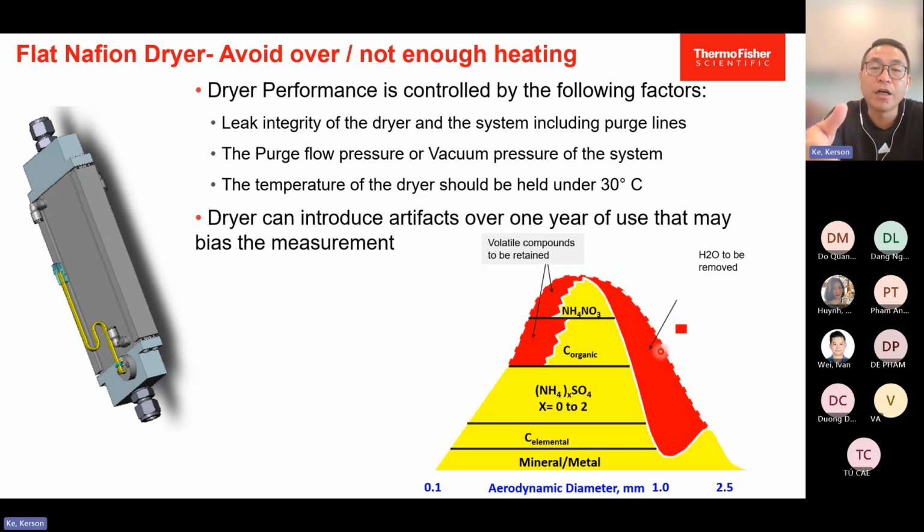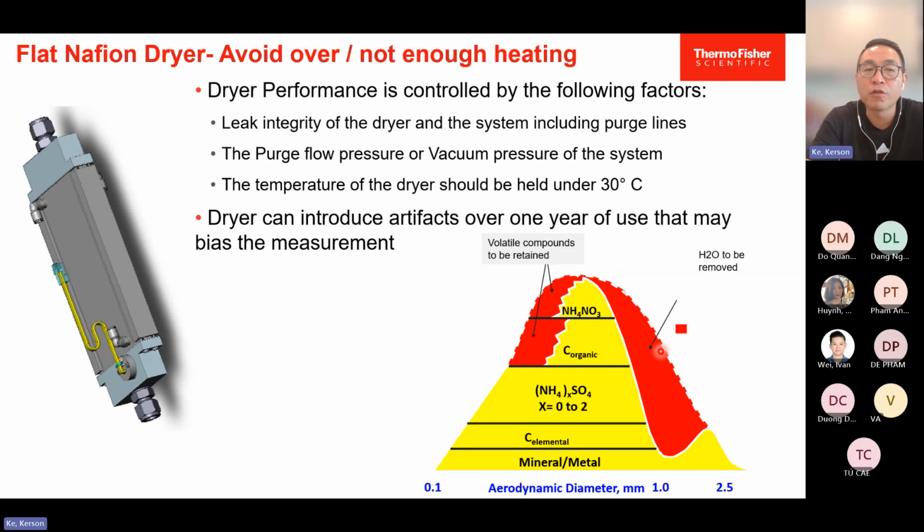But if the weather is quite humid, then we may need to replace this dryer every 6 or 9 months.